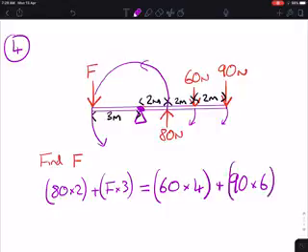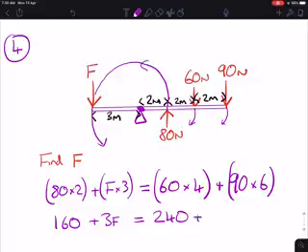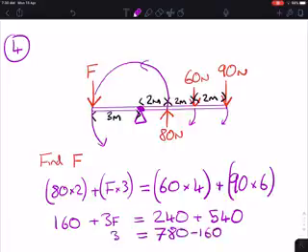Okay, and that is going to give us 80 times 2 is 160 plus 3F equals 60 times 4, which is 240 plus 90 times 6, which is 540. So that gives us 240 plus 540 is 780, minus 160 is 3F.